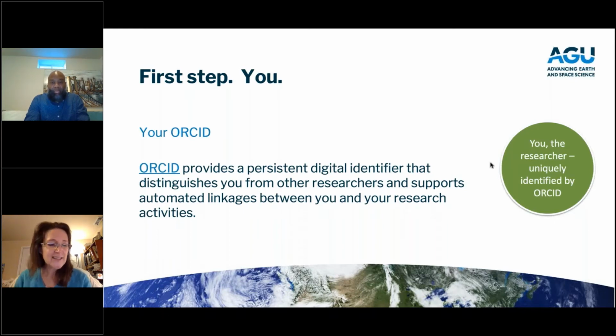The other thing I tend to say is put it on everything. Even if right now there's not a place in all of the tools that are out there for you to put your ORCID in, it's a unique format, and it can be mined later and populated later. So find a notes section and just pop your ORCID in there.